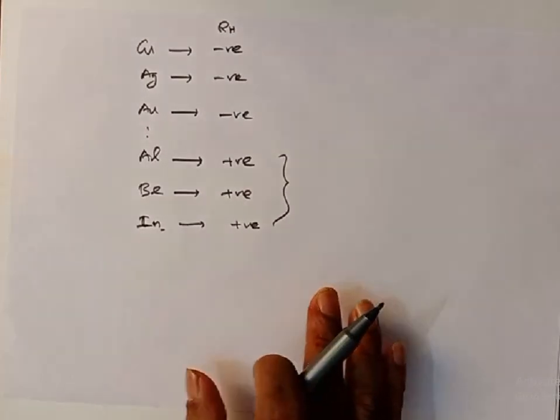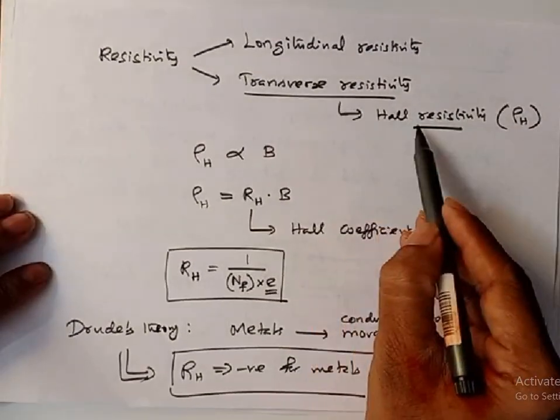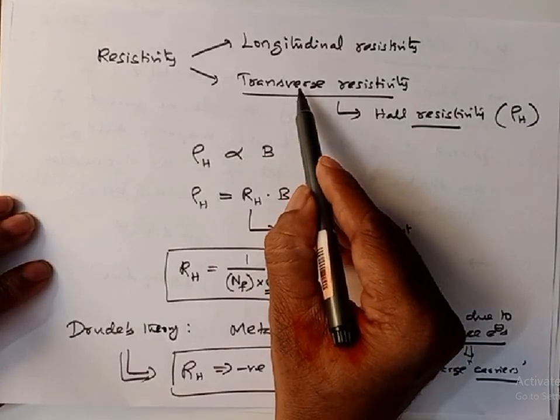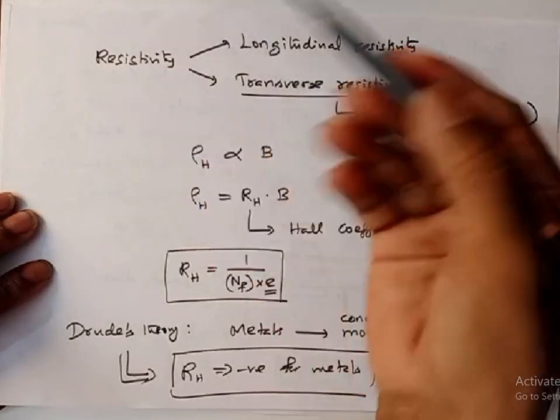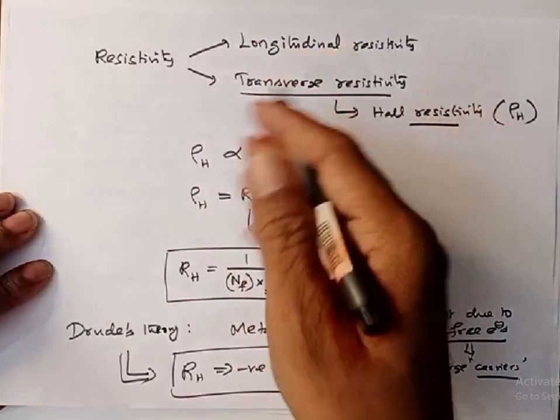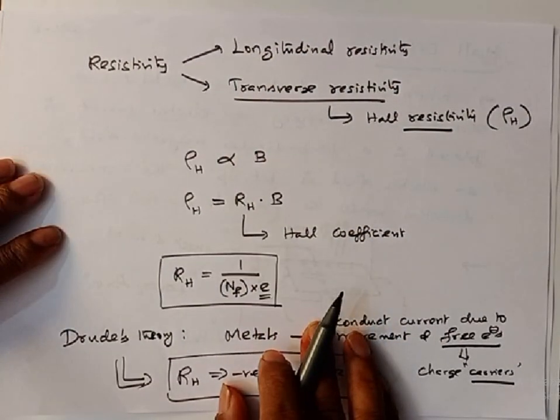Hall resistivity is nothing but transverse resistivity. According to Drude theory, longitudinal resistivity is also called Drude's resistivity.